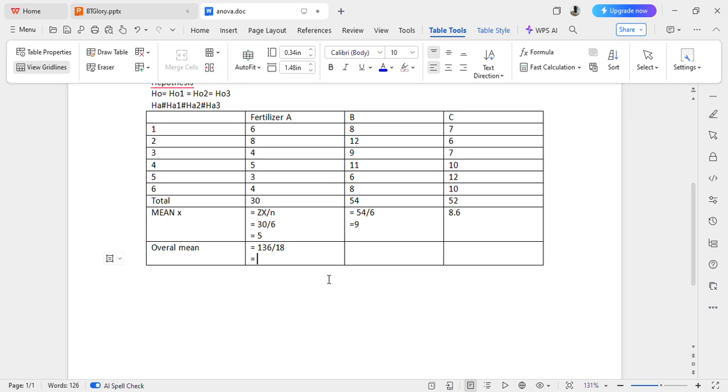So what do we get? 7.5, 7.6. So the overall mean for all the data is 7.6.